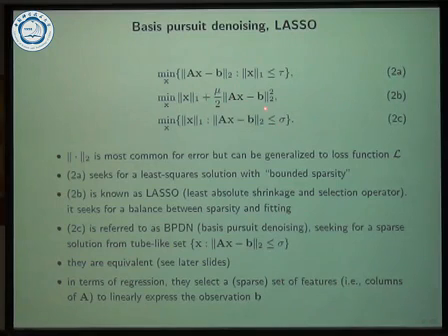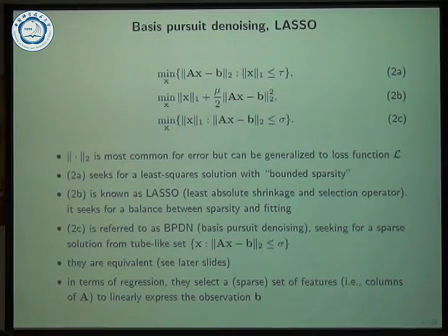Now the middle model is similar, except that it has no constraints. What it does is, now you have 2 terms, an L2 term and an L1 term. Let's put them together, assign a weight, and try to minimize their sum. In some sense, these 3 models are equivalent.